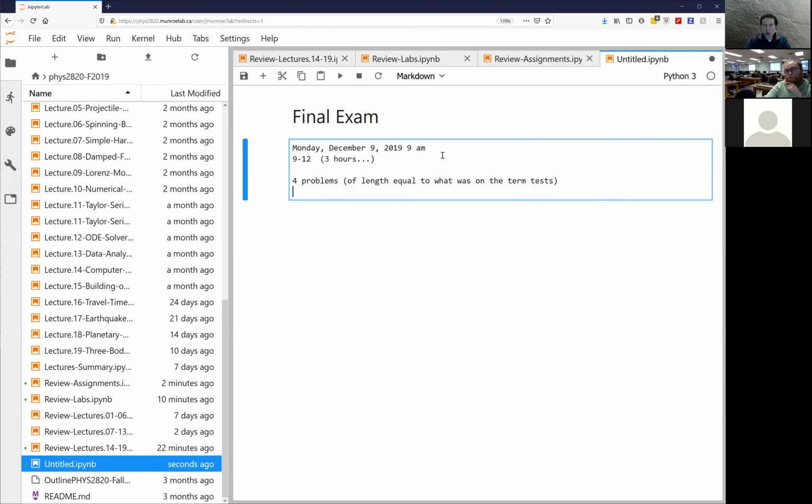The term test had 3 problems apiece, so the final exam is going to have 4 problems, slightly longer than a term test. You have twice as much time for 33% more material, so hopefully that's going to be okay. So far in this course, no one has had to be late for doing the term tests. You all walked out of there in time, but that's sort of my scheme.